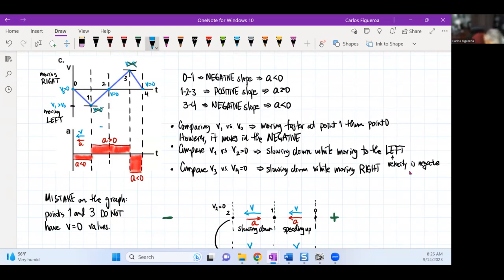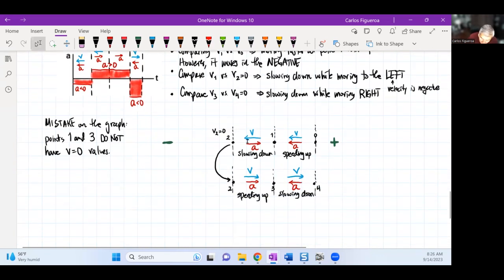Here, my velocity and acceleration are in opposite directions, and therefore I slow down. And then when I get into this interval, I'm speeding up because they're in the same direction. And then finally, in this interval, I continue to move in that direction, but now the acceleration has changed direction.